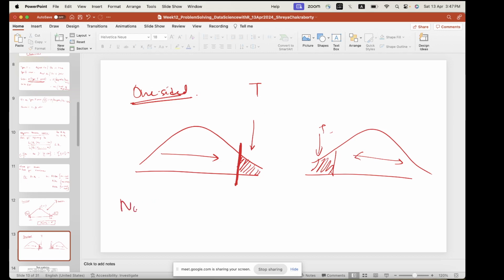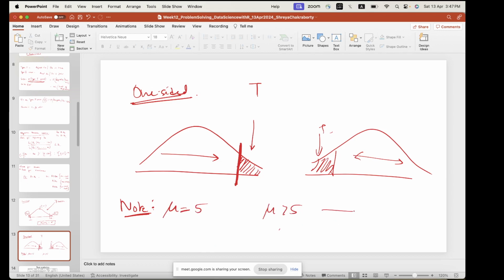Now one more thing to note is that, this is not that common to get in questions, but let's say you have something like this, mu equal to 5 versus mu greater than 5.